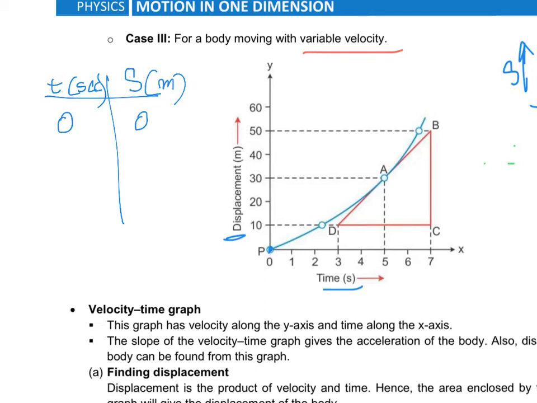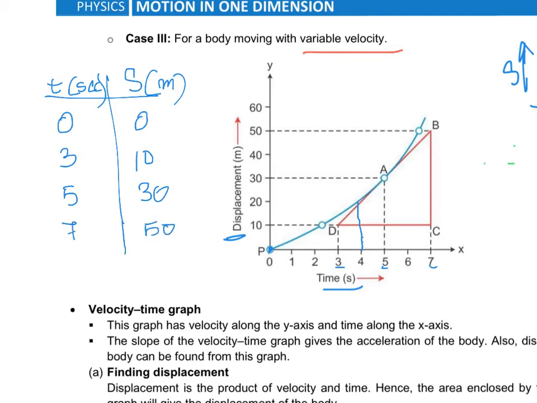When I have reached 3 seconds, my displacement is 10 meters. When I've reached 5 seconds, I'll just take the point, my displacement is 30. When I've reached 7 seconds, my displacement is 50.